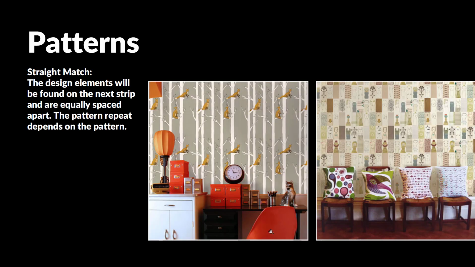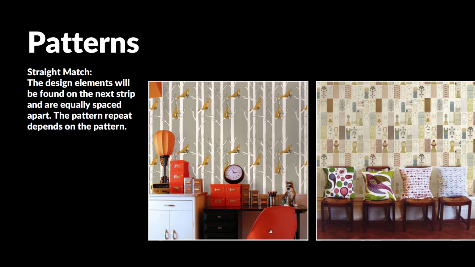When we think about the patterns of wall coverings, there's a few basics to keep in mind, and one of the most common patterns is a straight match. The straight match is really where the pattern has to line up so that the design elements on one vertical strip as it's applied are equally spaced and directly lined up with the next pattern.